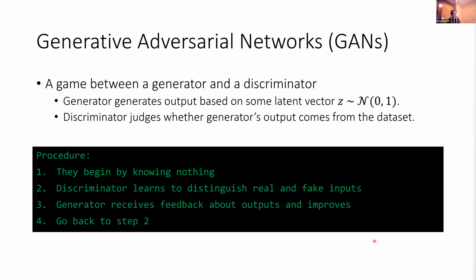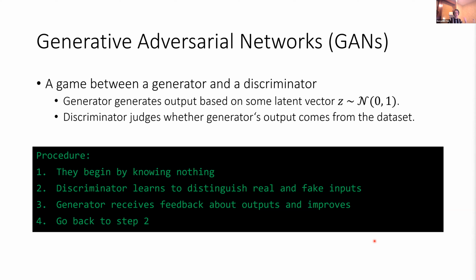Generative adversarial neural networks are actually not one neural network. There are two neural networks. One is called the generator, and the other one is called the discriminator. You maybe remember this terminology from one of my earlier slides. And they play a game. They play a minimax game where they each want to outperform the other.